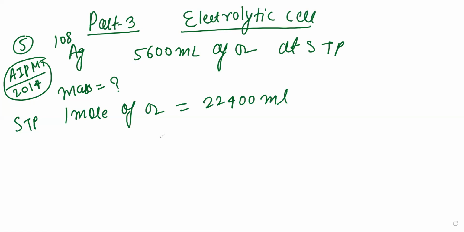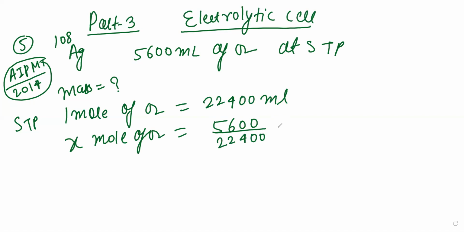So please calculate this one. Suppose X mole of O2, so it will be 5600 divided by 22,400.